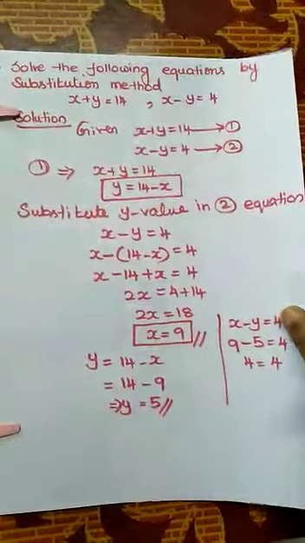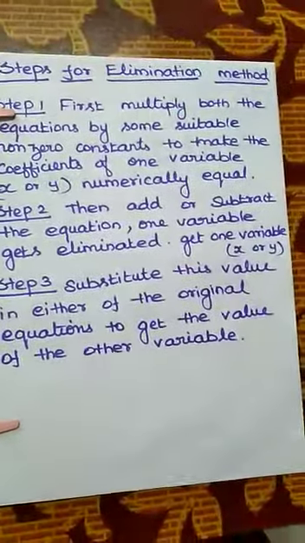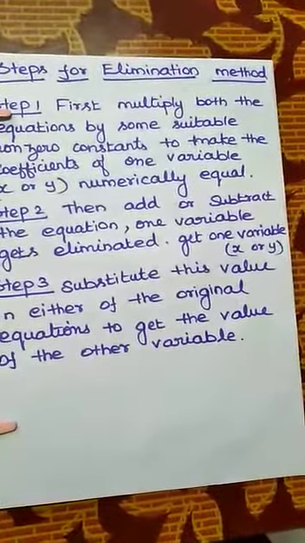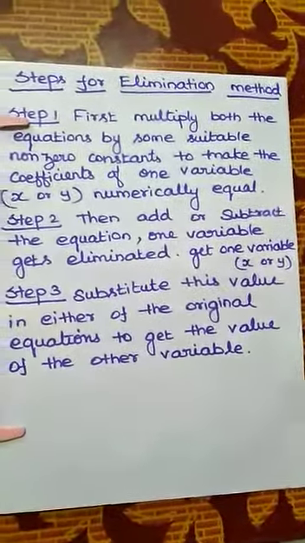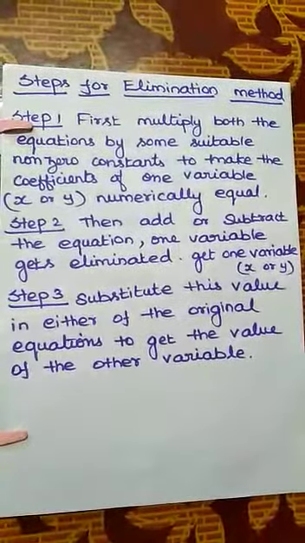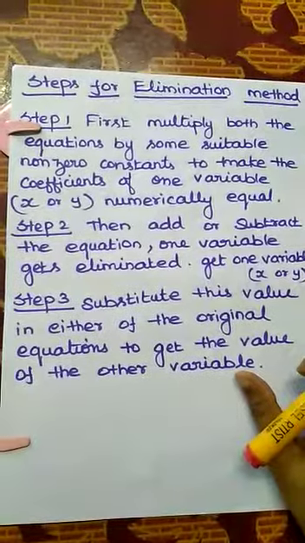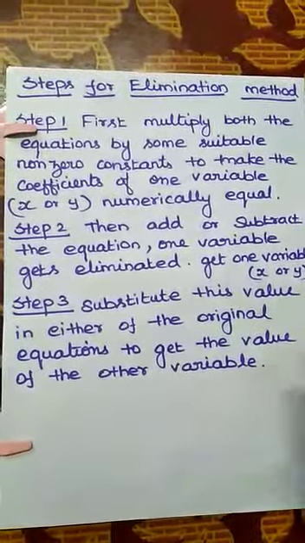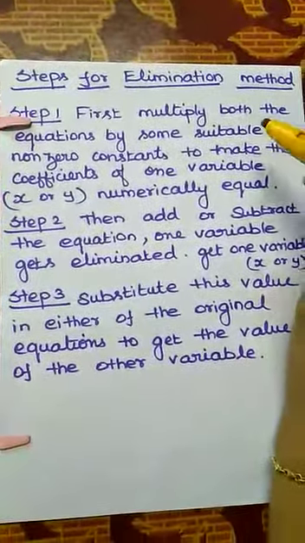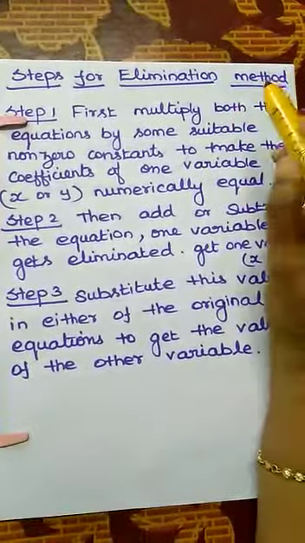Next one, the elimination method. I am going to explain the steps for the elimination method. First, multiply both the equations by some suitable non-zero constants to make the coefficients of one variable numerically equal. Suppose two equations are given, we have to check the coefficient of x and the coefficient of y.